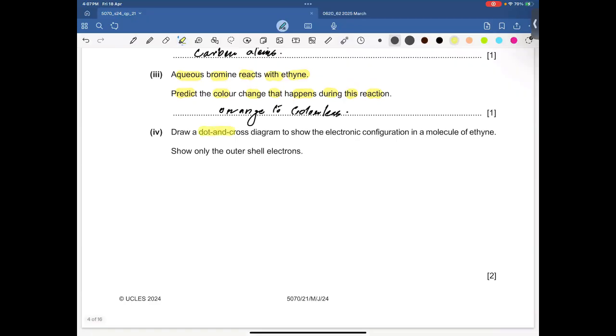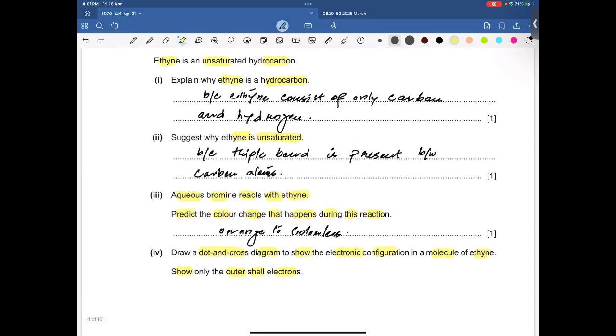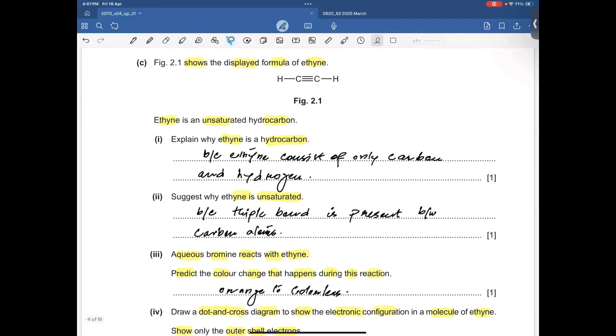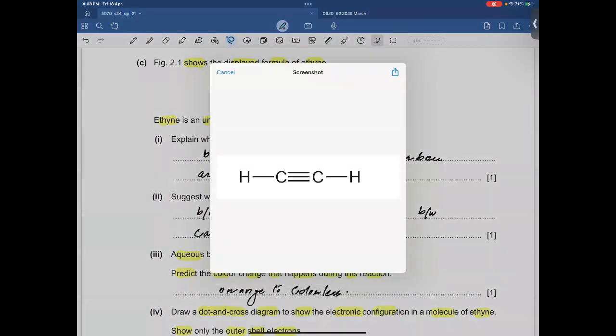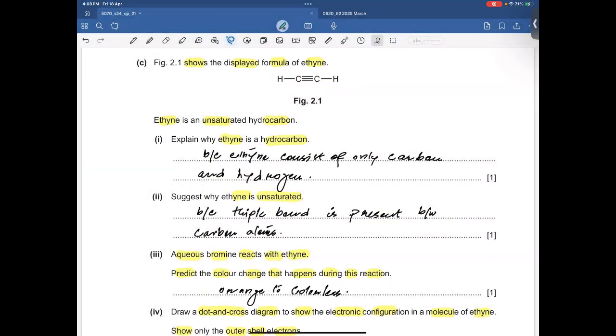Draw dot and cross diagram to show the electronic configuration of a molecule of ethyne. Show outer electron shells only. I did that in the class in the chemical bonding chapter. Since ethyne has this formula, we need to draw the dot and cross diagram with respect to this structure.